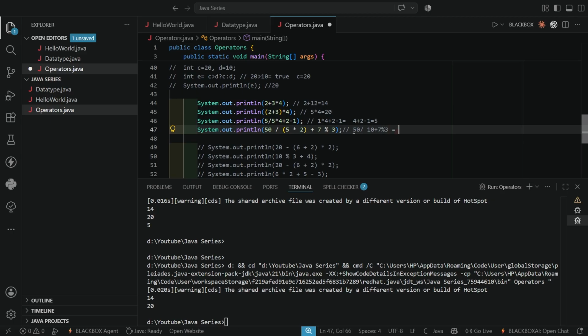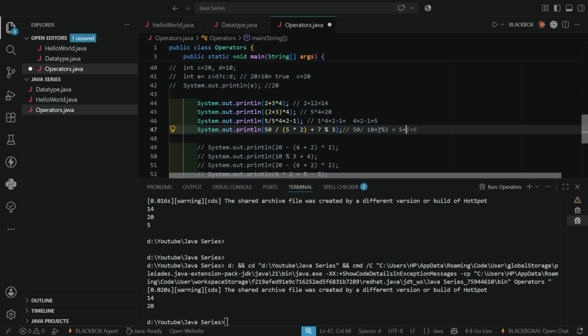This is the expression. Clear? Now the parenthesis has been solved. After the parenthesis gets solved, next we have to move on to the division operator. So 50 divided by 10 returns a quotient of 5.